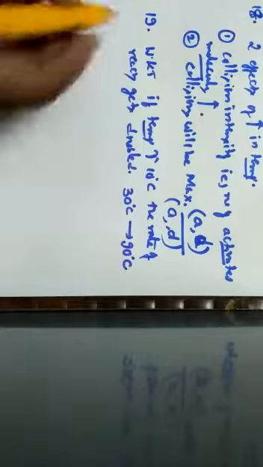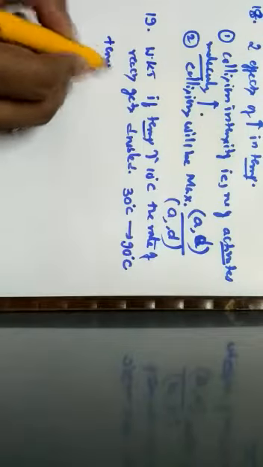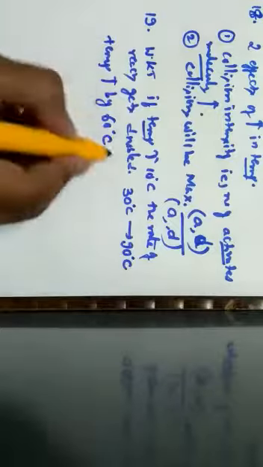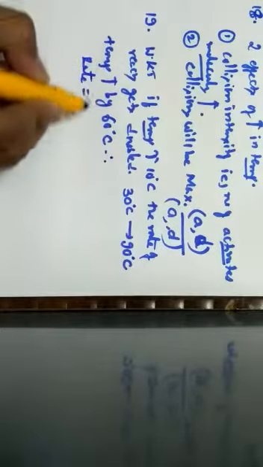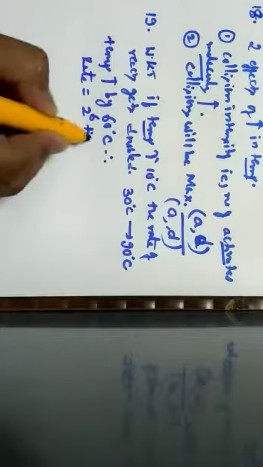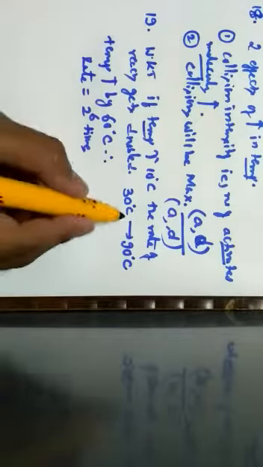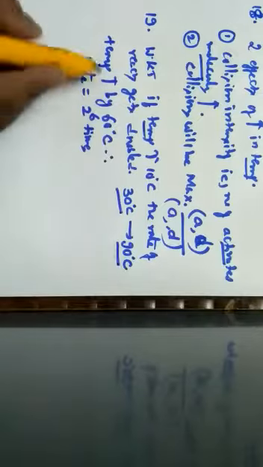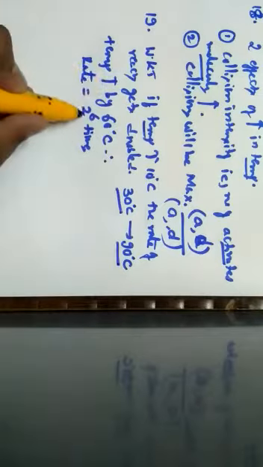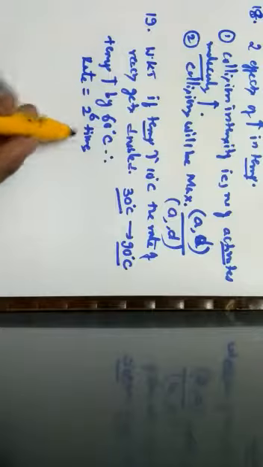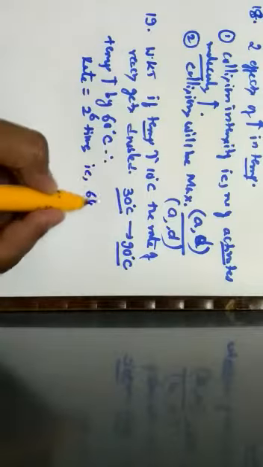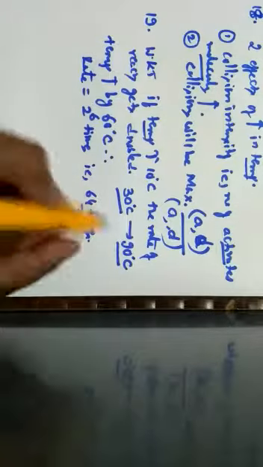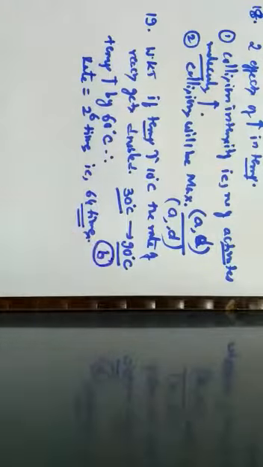So from this we can understand that temperature is increased by how much? 60 degrees Celsius. Therefore rate is equal to 2 to the power of 6 times, because if there is an increase of 10 degrees Celsius, rate gets doubled, means the temperature is increased from 30 to 90 degrees Celsius, that is total 60 degree rise, which is given with 2 to the power of 6 times. 2 to the power of 6 times means how many times? It is 64 times. So this 64 times is given by the option B.